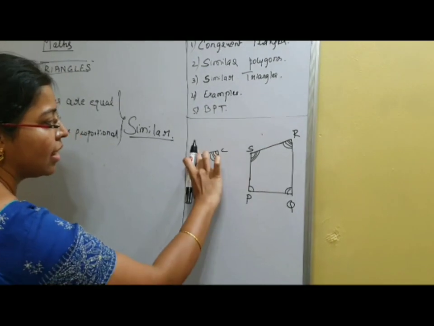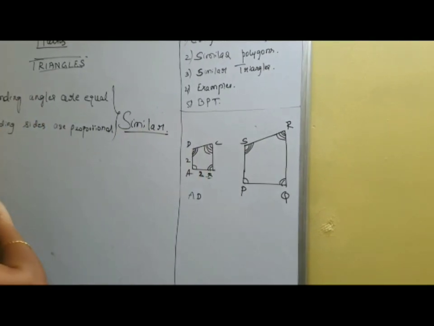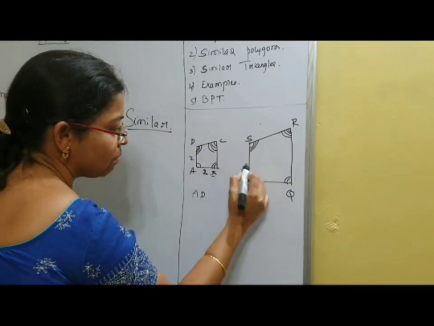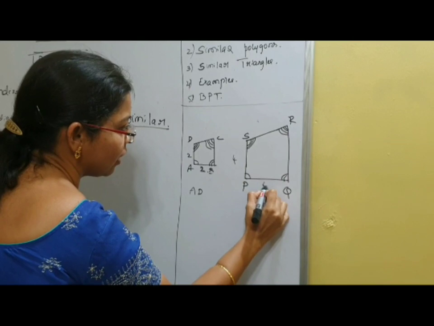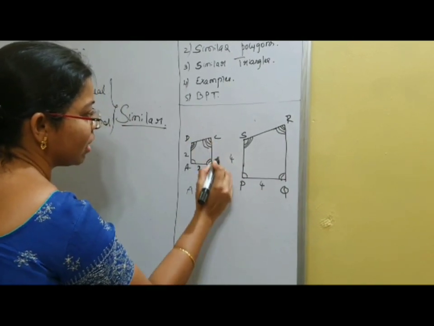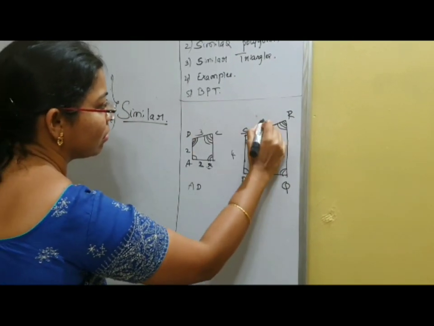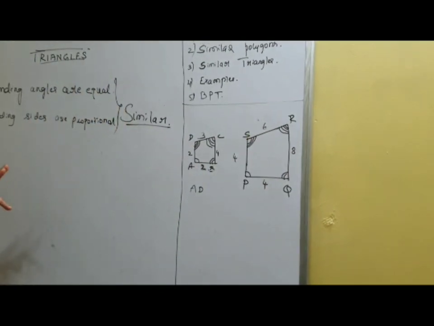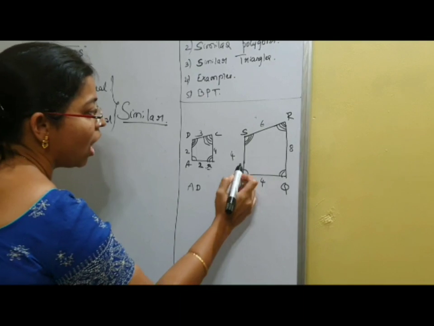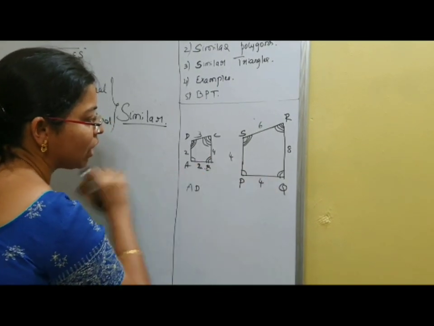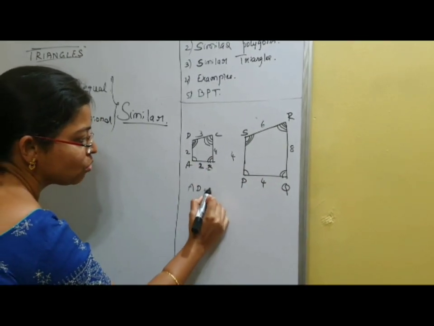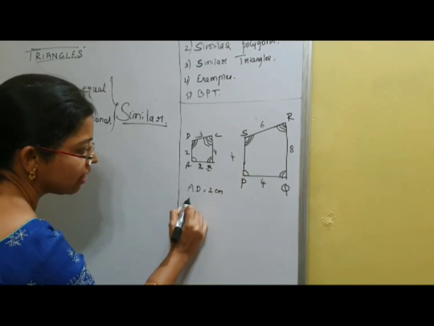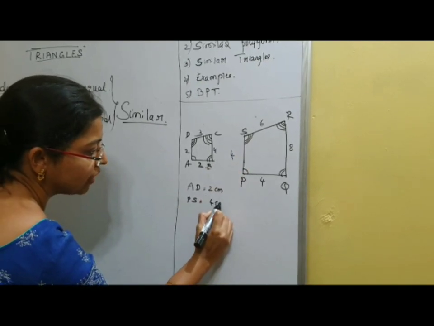How big is PS when compared to AD? I'll write the measurements now. These are the measurements given for both the quadrilaterals. How is PS enlarged when compared to AD? AD is 2 cm, whereas PS is 4 cm.